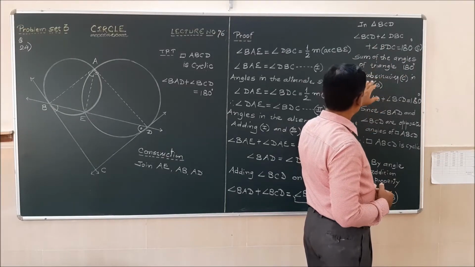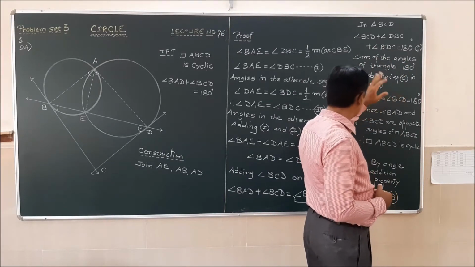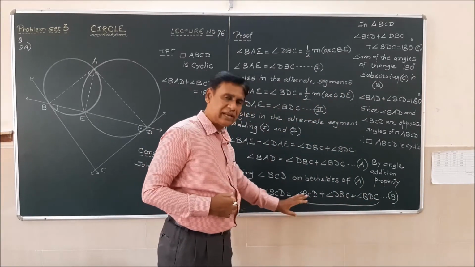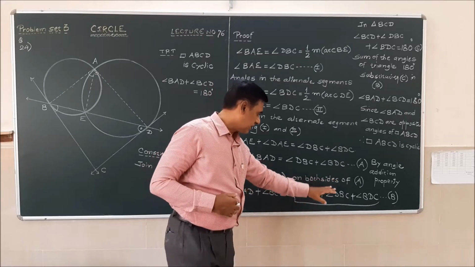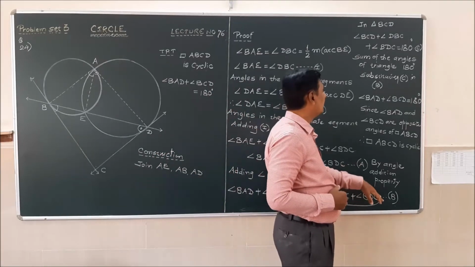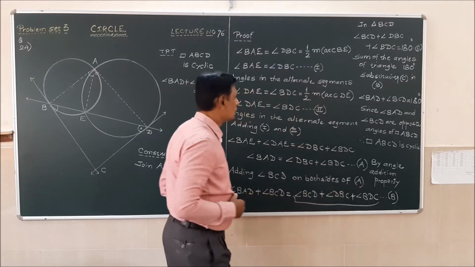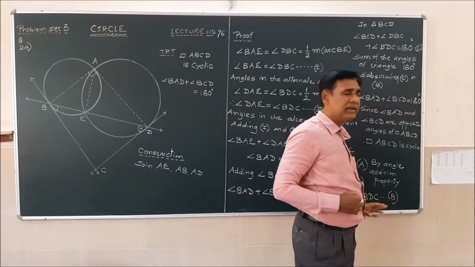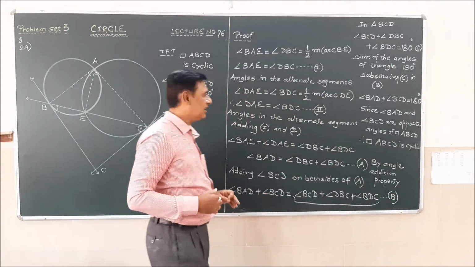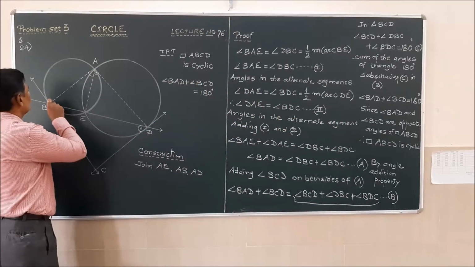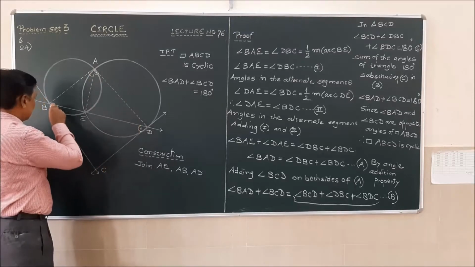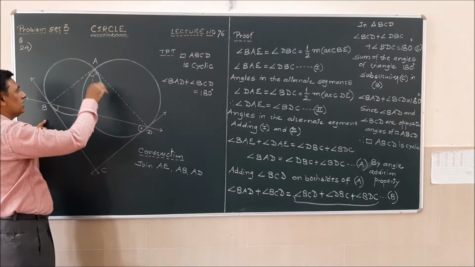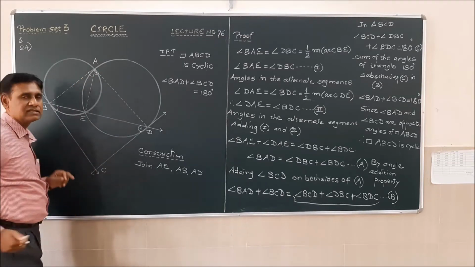Then I say that substituting C in B, left hand side BAD plus BCD will remain as it is. But BCD plus DBC plus BDC is equal to 180. So here you will find BAD plus BCD is equal to 180. If you look at the position of BAD and BCD with respect to quadrilateral ABCD, you will find these are opposite angles.